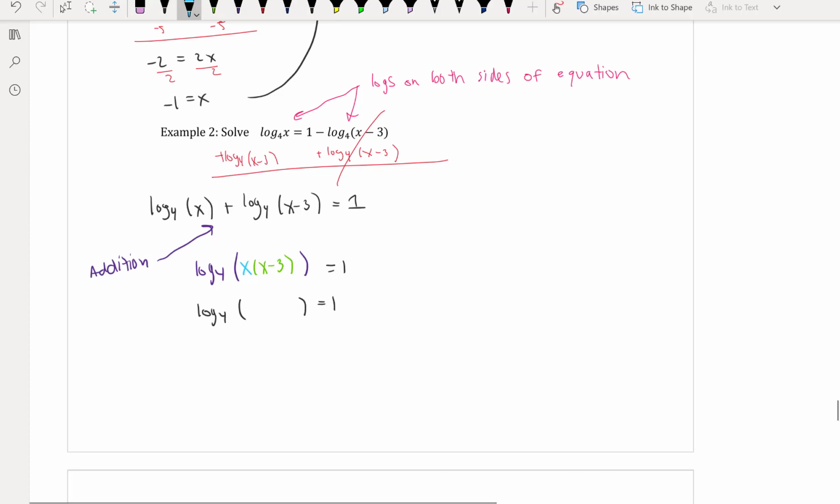So I'm going to distribute here. When I distribute, I'm going to have x squared minus 3x. I have a single log by itself. It's condensed. So now at this point, what I want to do is rewrite it in exponential form.